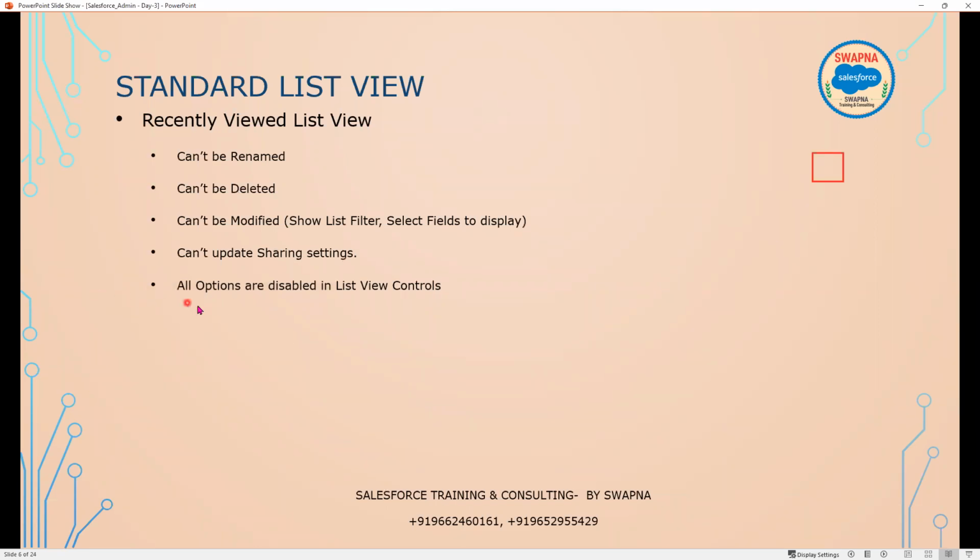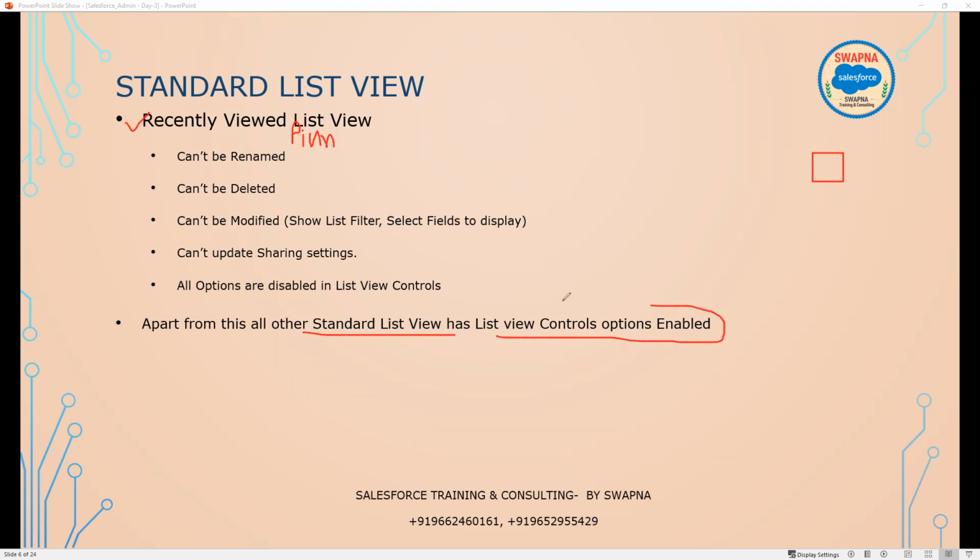Basically, all the options are disabled in the list view controls. Apart from the recently viewed pinned and recently viewed, all other standard list views have the list view control options enabled. That means for the recently viewed, you cannot see any of the options enabled.